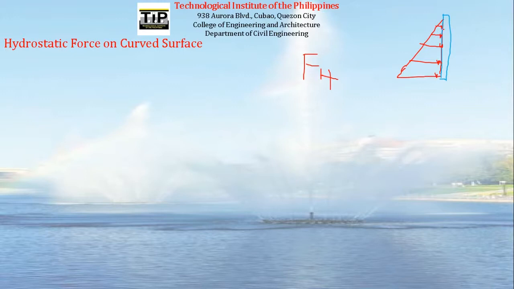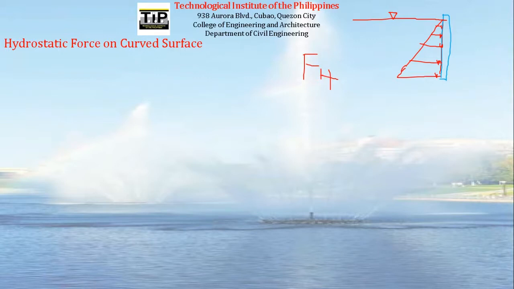So this is your flat surface, and this is your water. It's mostly submerged in water. The pressure diagram will be shaped like a triangle because the pressure at the bottom is greater than the pressure at the top.